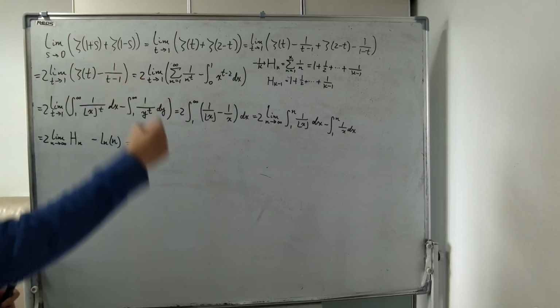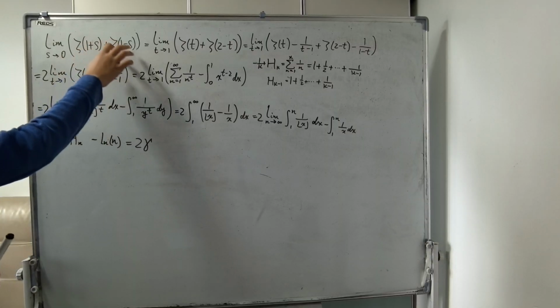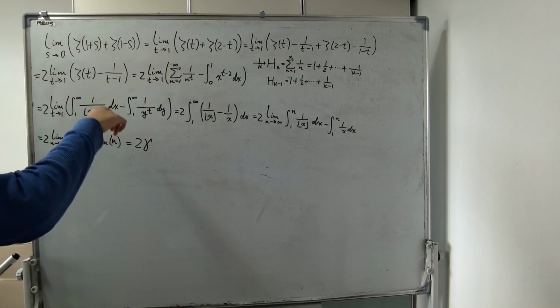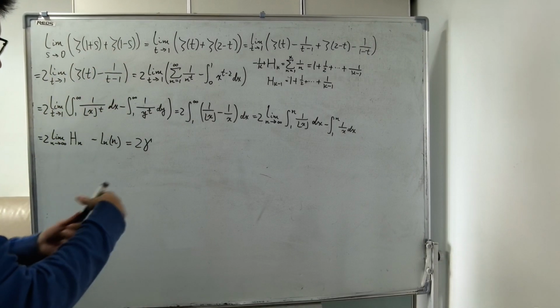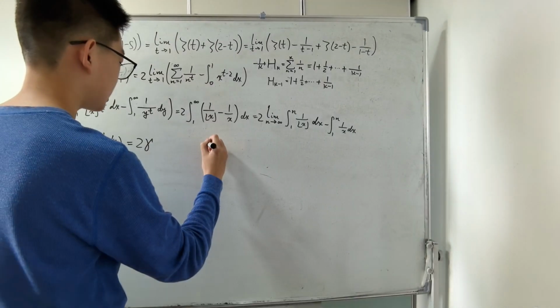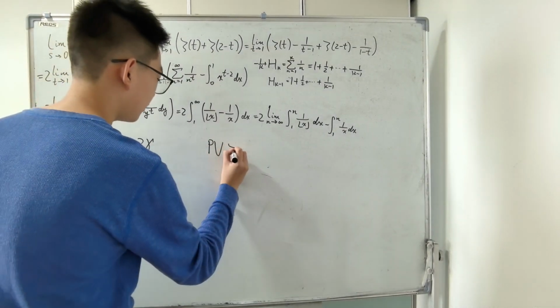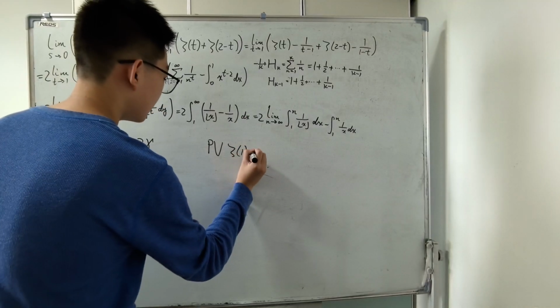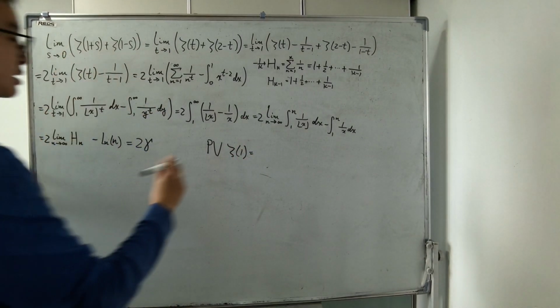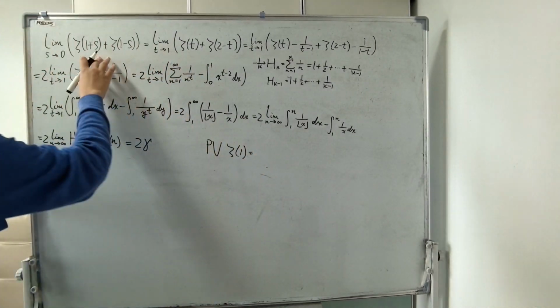It's the average of zeta of 1 plus s and 1 minus s. So the principal value of zeta of 1, written PV, is 1/2 this.